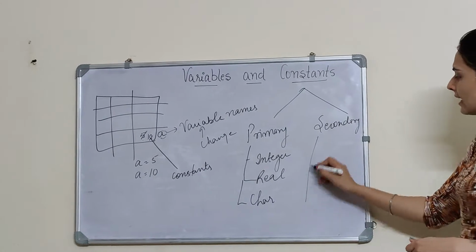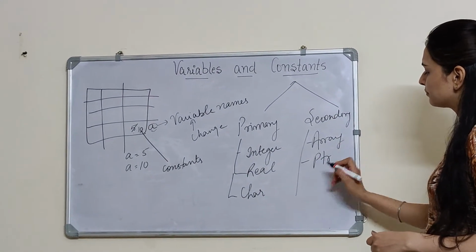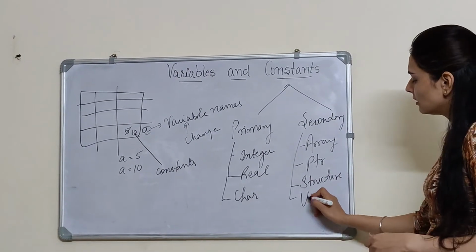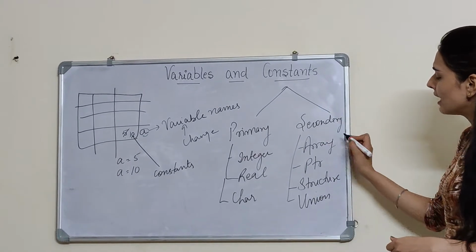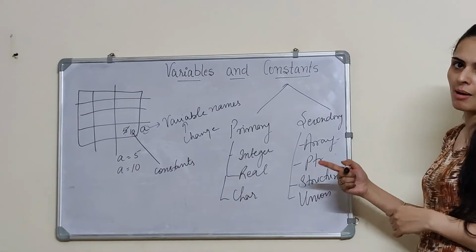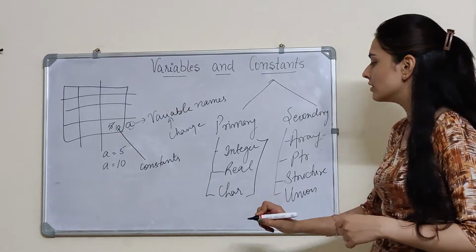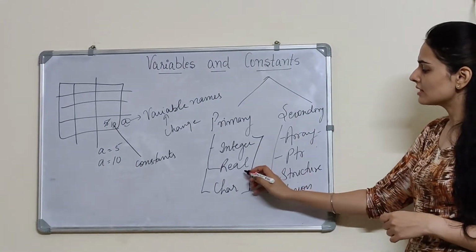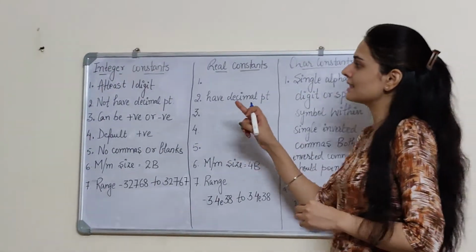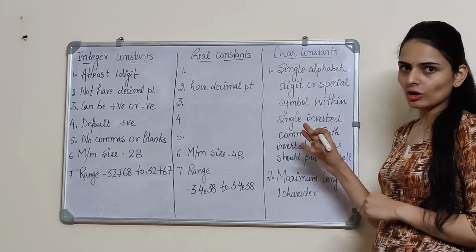Next, within secondary we have array type, pointer type, structure type, union, and so on. We will have a look at these in our upcoming video lectures in C. Today we are only going to focus on the integer type, real type, and the character type. Now all these types of primary constants follow a particular set of rules.